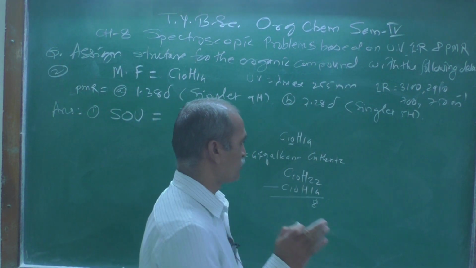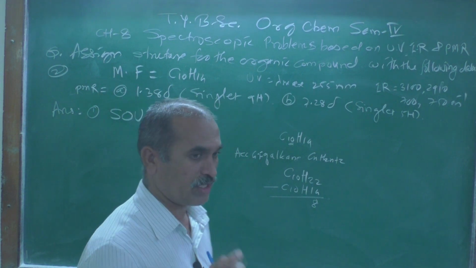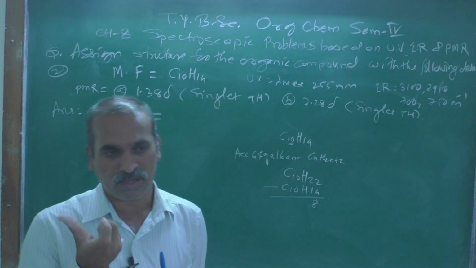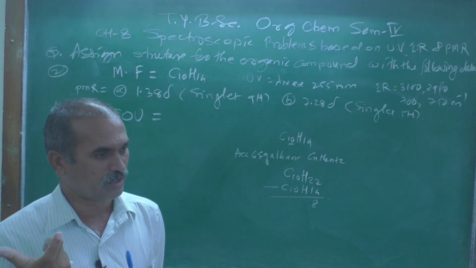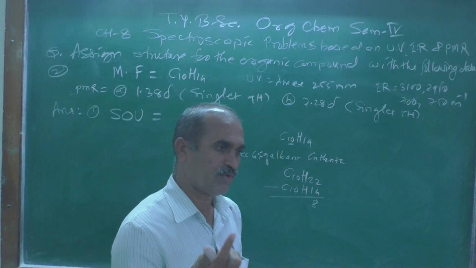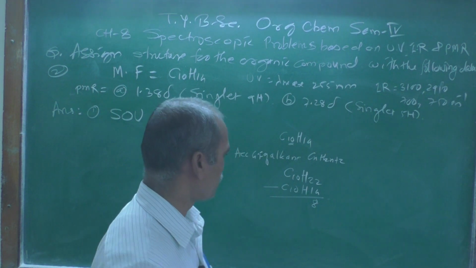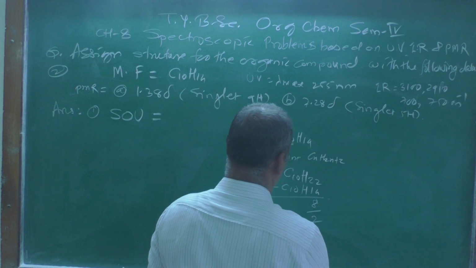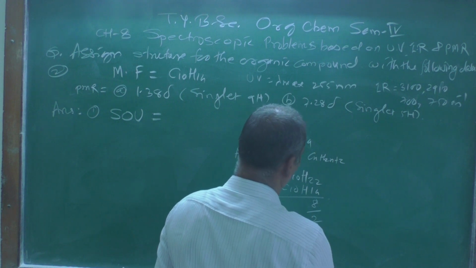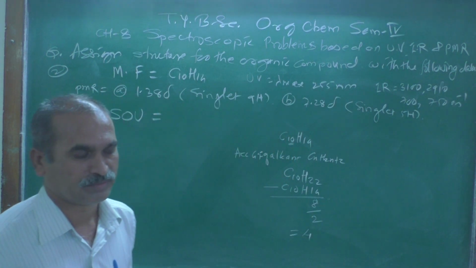Now, as we know, because we are determining the sites of unsaturation, and for hydrogenation we require 2, that's why we are dividing by 2. Now what answer comes here? The answer comes as 4.